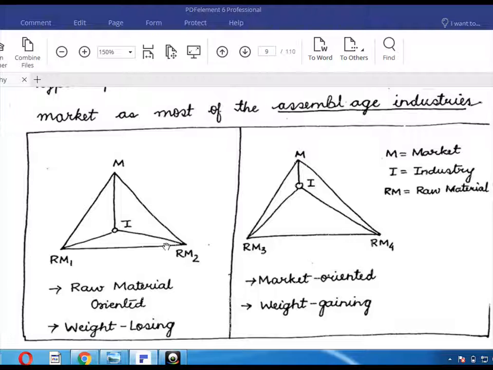Here the raw material is far away from the market, but as you come to the market area, the industry is located on the market side. So you can see industry M is market oriented and weight gaining, and industry RM is raw material oriented.